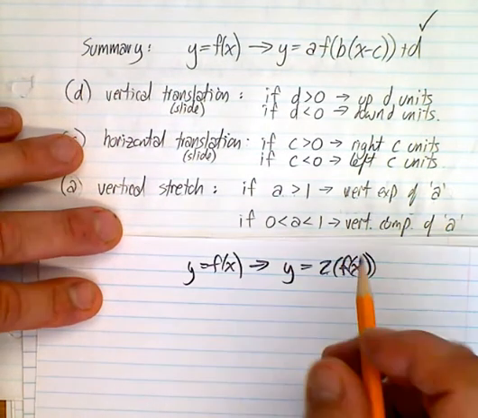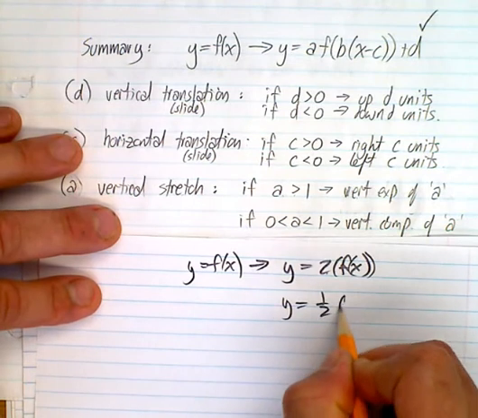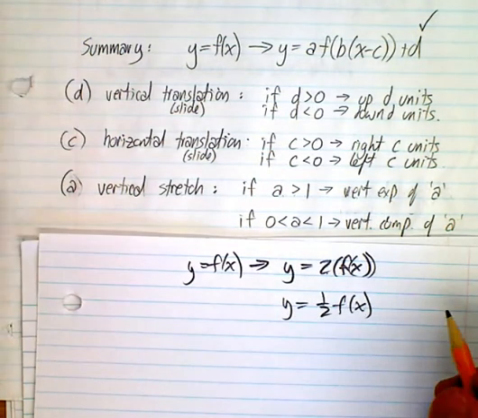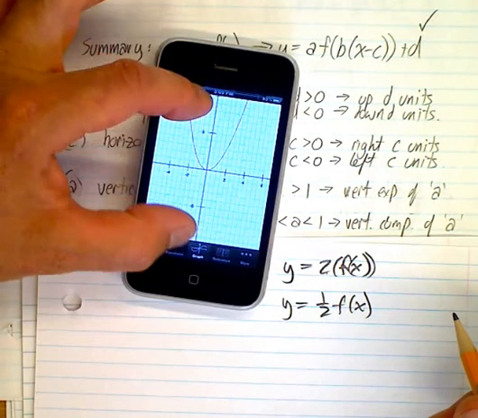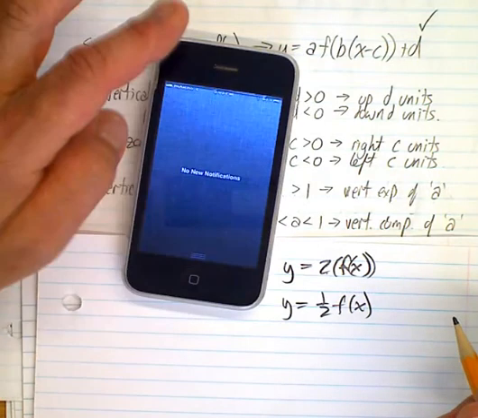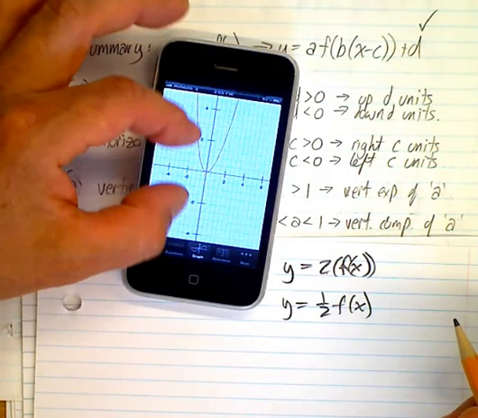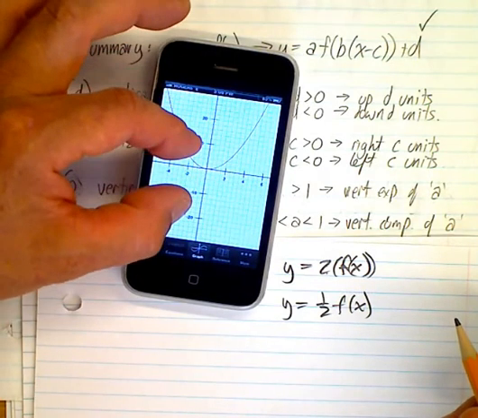So if you have a half in front, y equals 1/2 f of x, that means that all your y values get halved. So it's compressed, as opposed to a stretch.